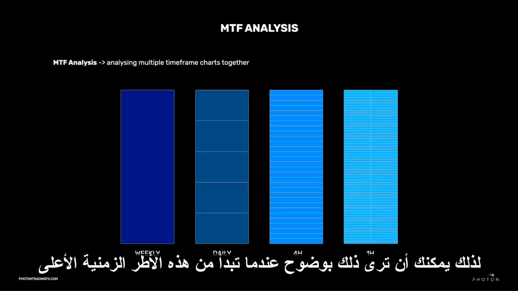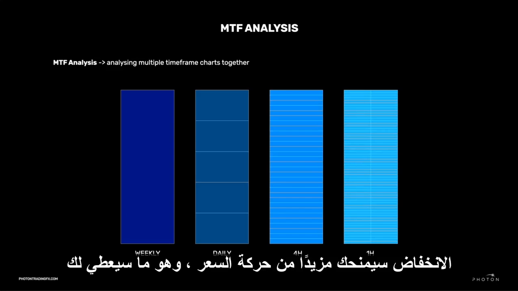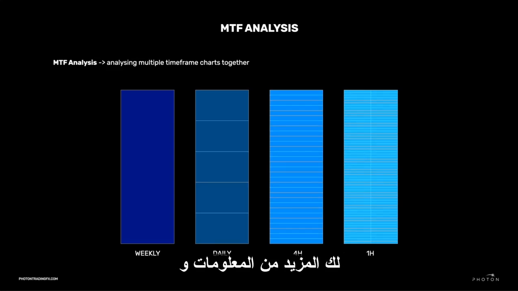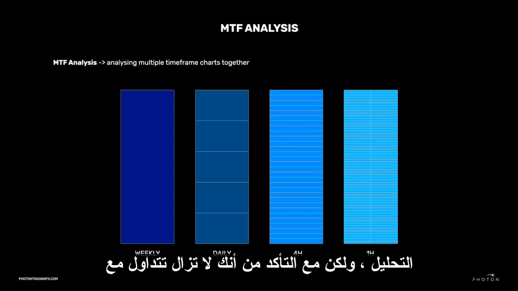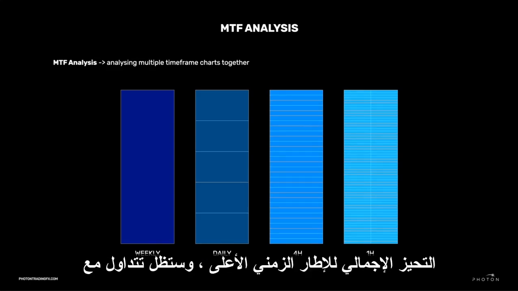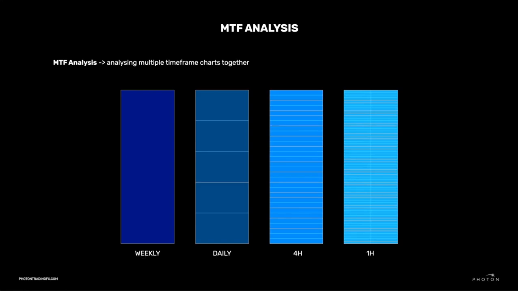So you can clearly see that as you start from those higher time frames and then you work your way down and down, going lower will give you more price action, which is going to give you more information, and therefore is going to give you more confirmation. So you can be extremely accurate with your entry points and your analysis, whilst making sure that you are still trading with the overall higher time frame bias, and you're still trading with the dominant trend of the higher time frames on our side.